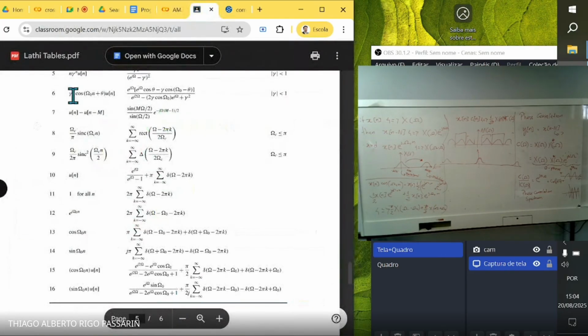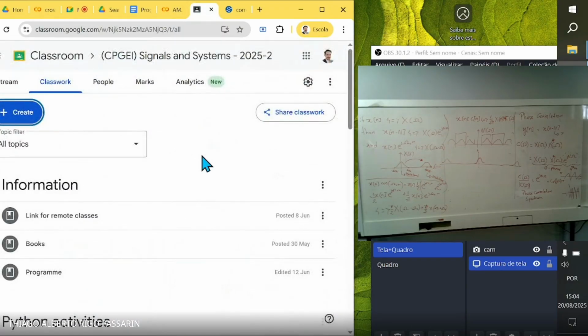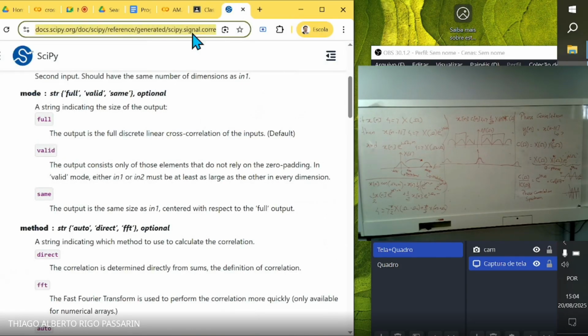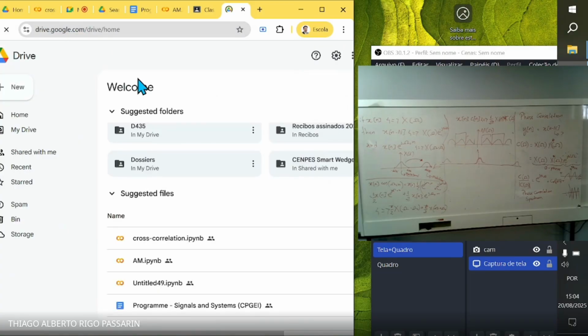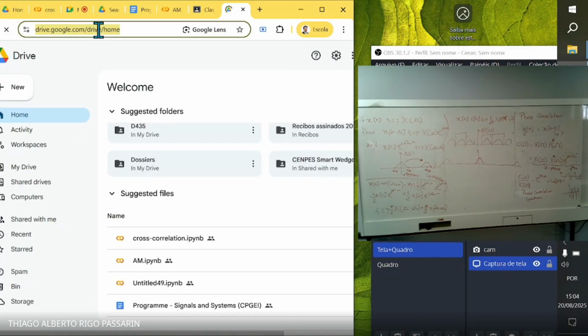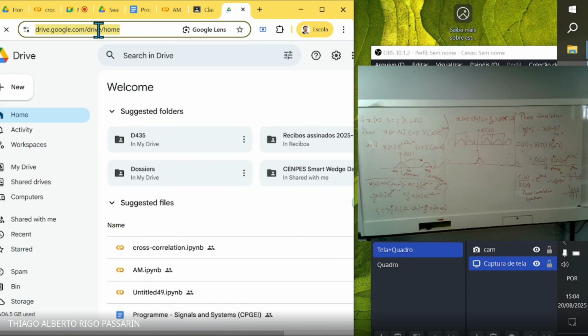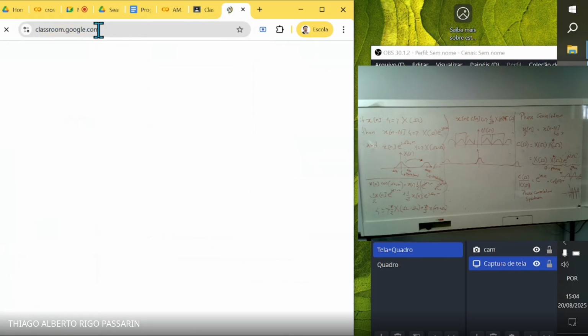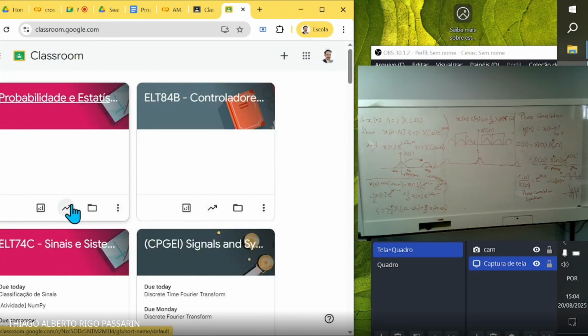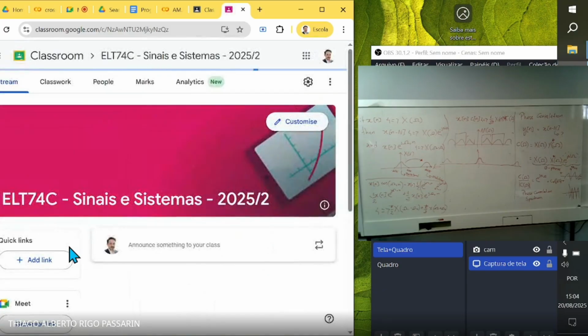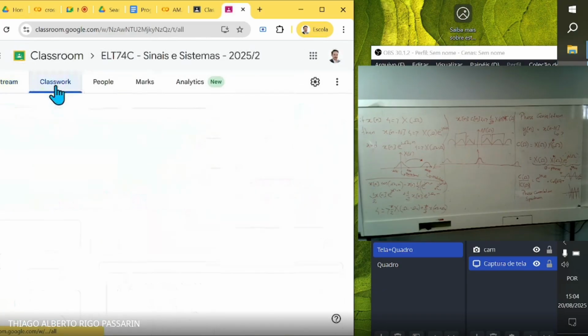I have to translate it to English because I only have this activity in Portuguese, but let's take a look. Classroom. In this activity, you will work with actual audio signals.